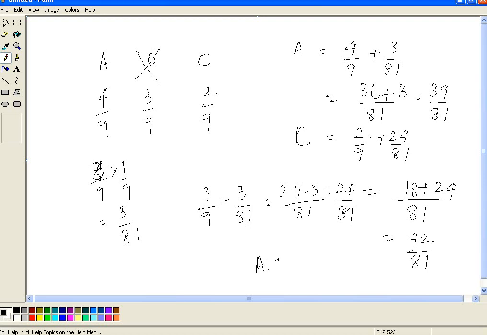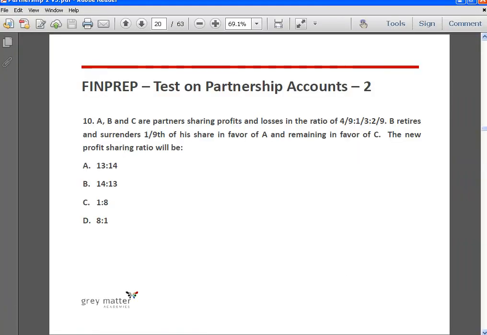So A is to C is equal to 39 is to 42, which is equal to 13 is to 14. Okay, so answer is A, 13 is to 14.